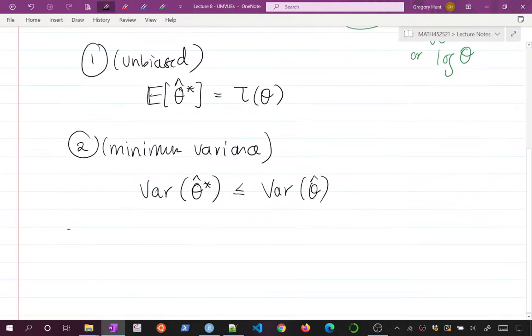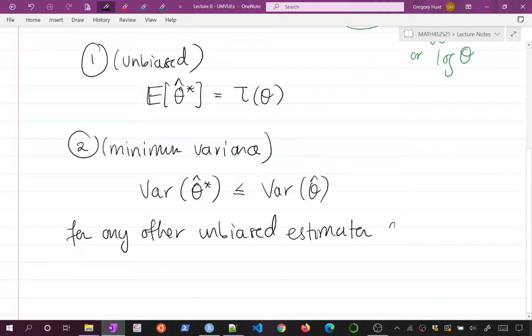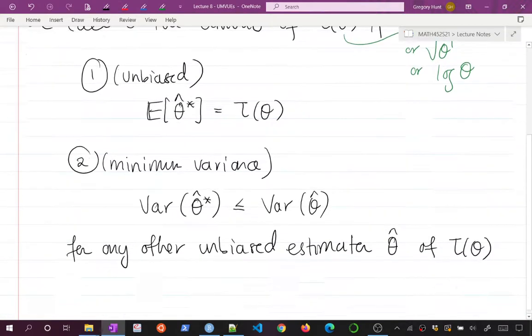And this is going to be true for any other unbiased estimator, theta hat, of the same function, let's say tau of theta.